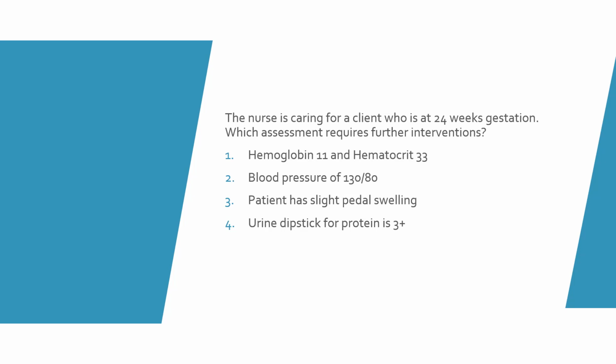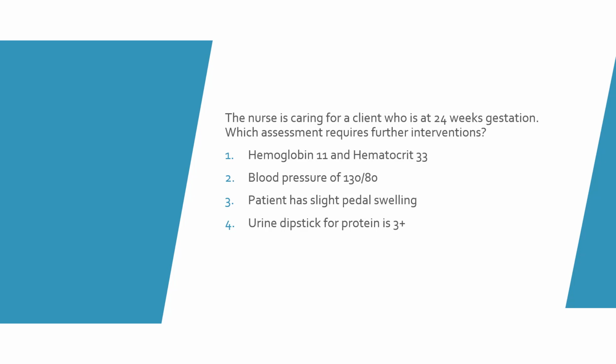Normal values of hematocrit range from 36 to 48% in women of childbearing age, with a 4 to 7% decrease during pregnancy. This makes the assessment data within normal limits and does not require any interventions.